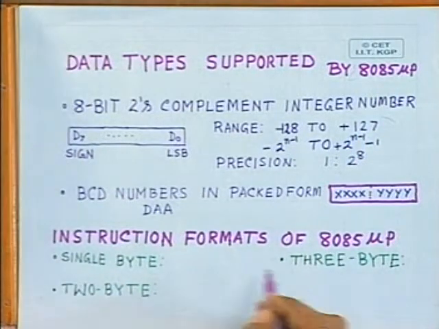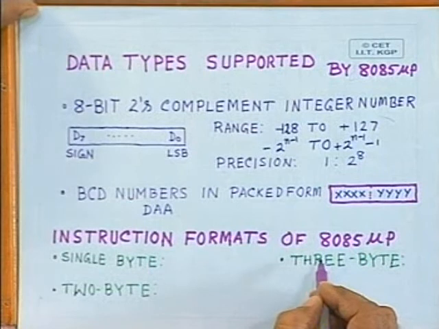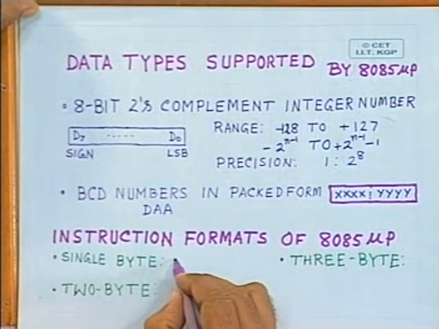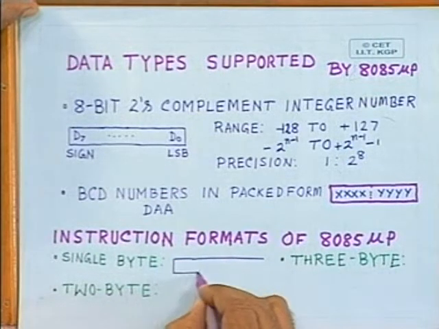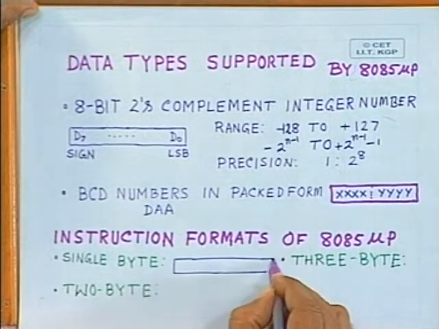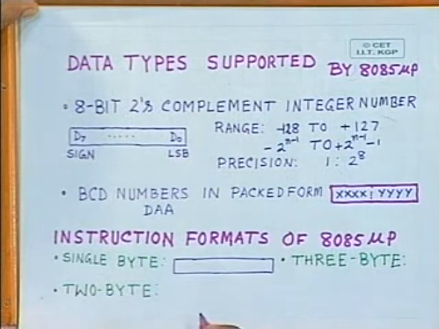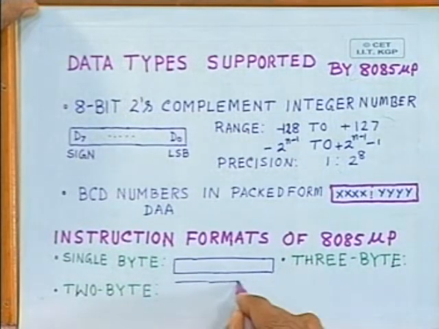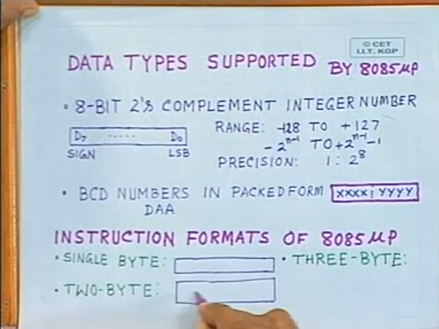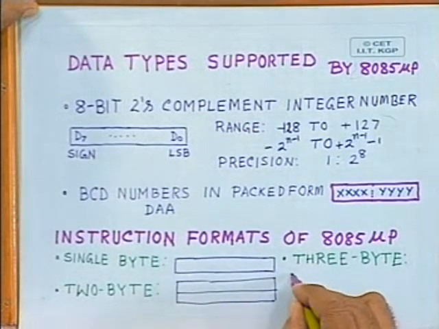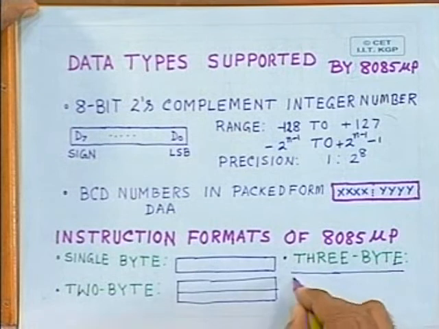So far as instruction formats are concerned, 8085 supports three sizes of instruction: single byte, 2 byte, as you have seen, then it can be of 3 byte.